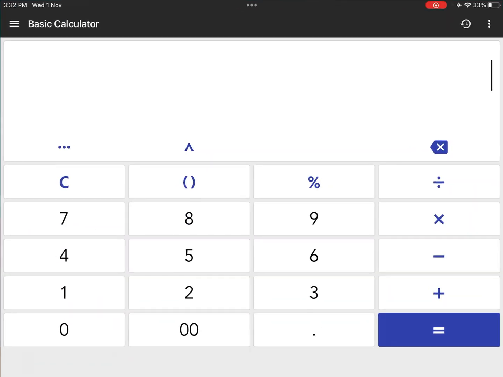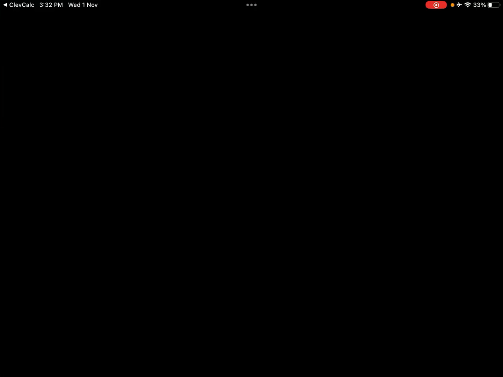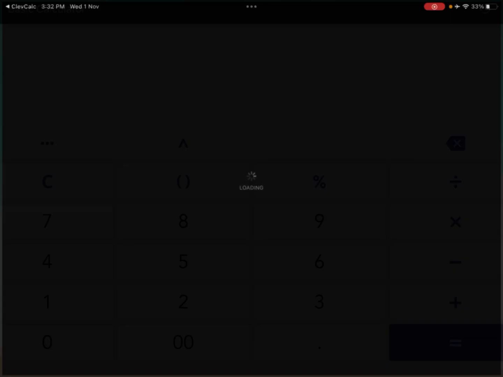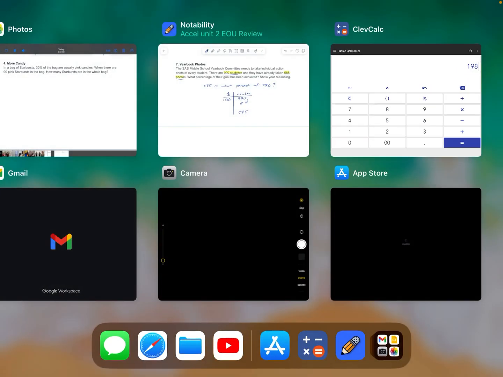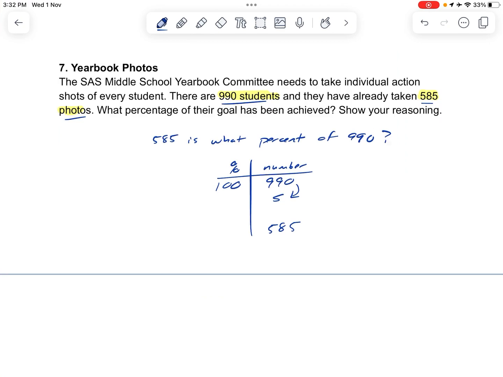Let's just do the calculator. 990, how many times does 5 go into that? 198. Okay, so what I need to do is divide that by 198, or you could multiply it by 1 over 198, whichever one you prefer.